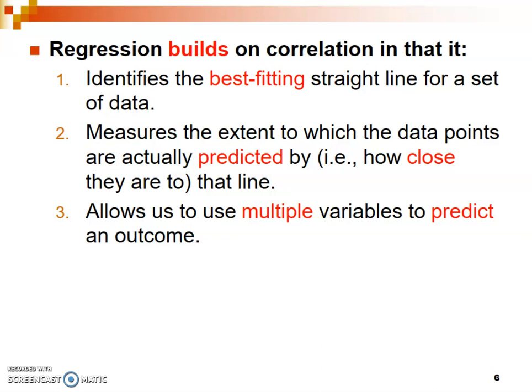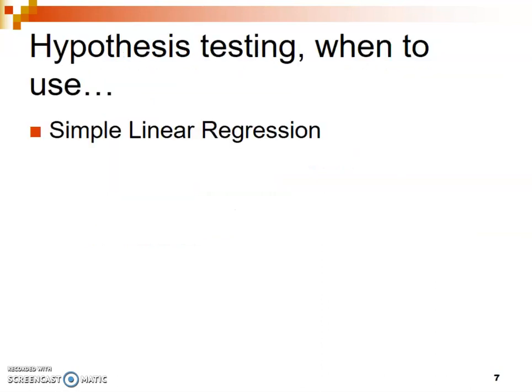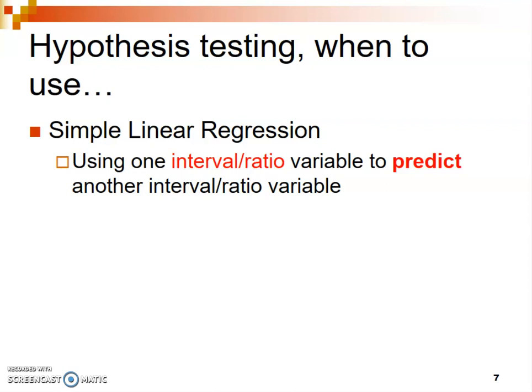We're going to learn about a couple of different types of regression analyses. They're very similar, so they're all included in one chapter. The first is the simple linear regression. The simple linear regression uses one interval or ratio variable in order to predict another interval or ratio variable.